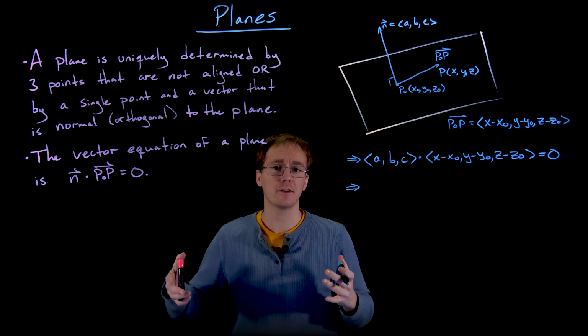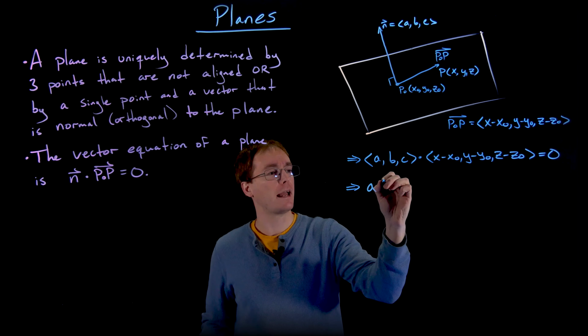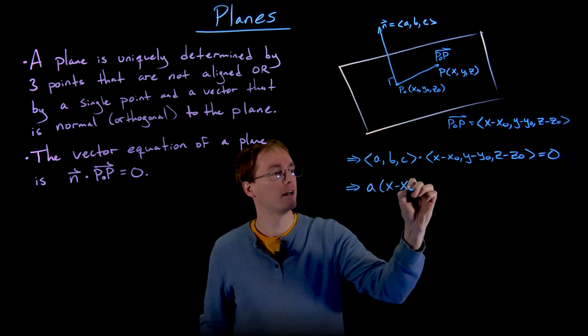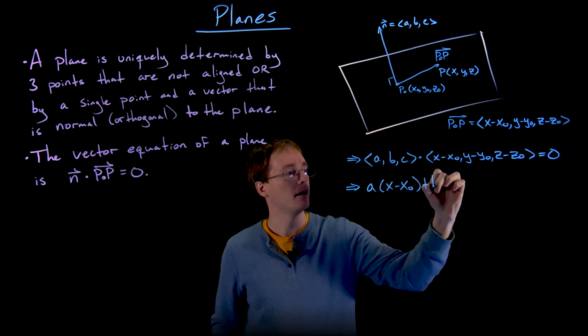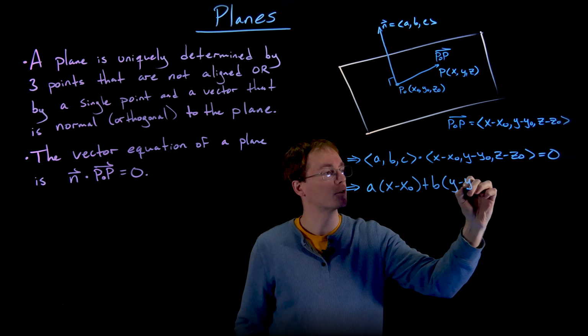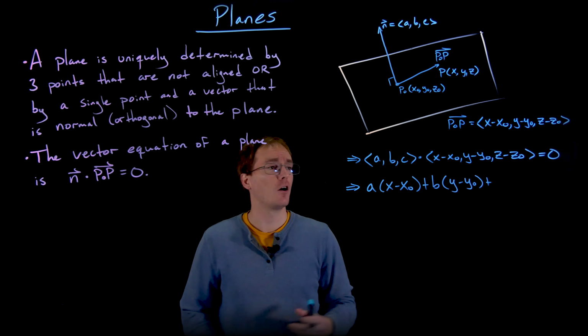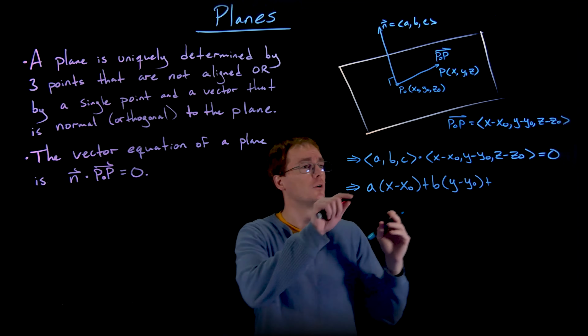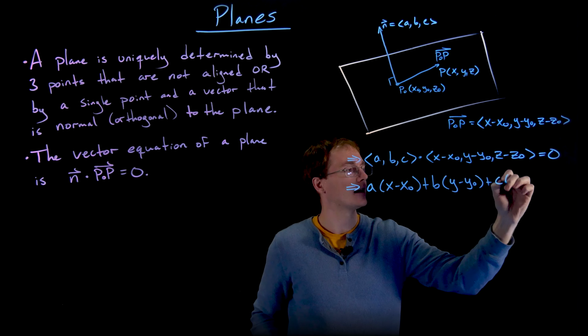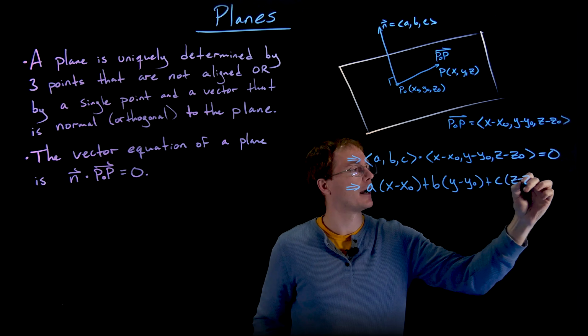If we multiply the first components together, we'll get a times x minus x naught. We add to that the product of our second components, which gives us b times the quantity y minus y naught. And to finish this off, we add on the product of our third components, which will look like c times the quantity z minus z naught.